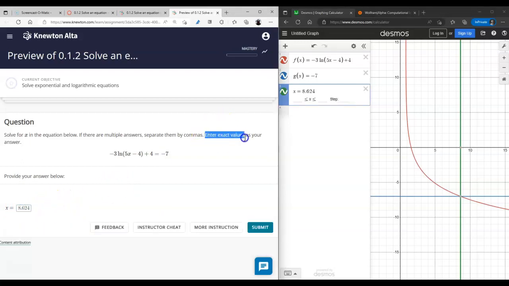Why? Because it is asking me for the exact value. However, in real life, there isn't much difference, but there is a difference. From the practical point of view, sometimes 8.624 is just as good as the exact answer.